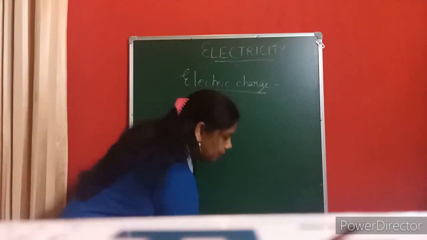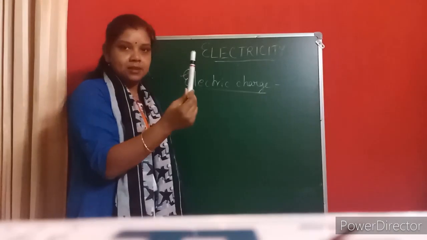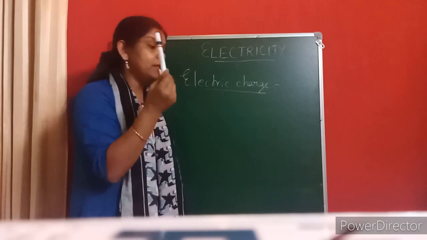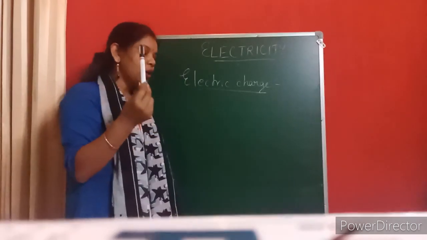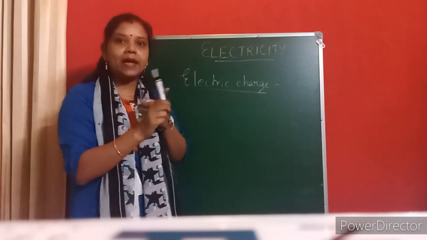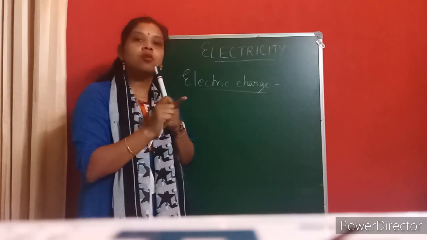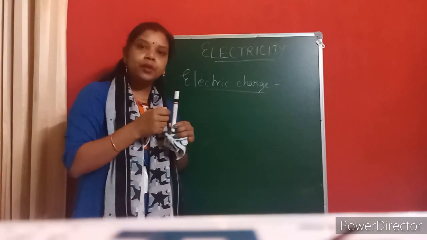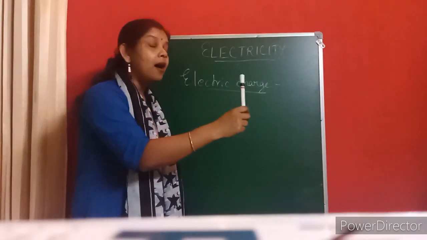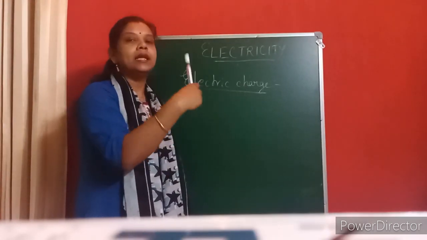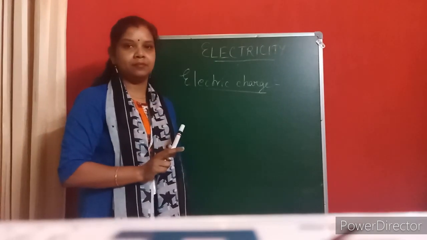If I talk about this pen, then this is also a matter. Or any substance, if I say it is the property of this particular substance which causes it to experience a force when we place this in another or near another material or substance.